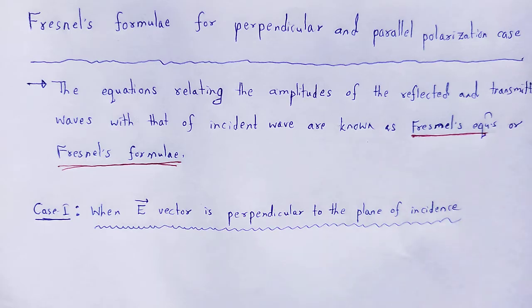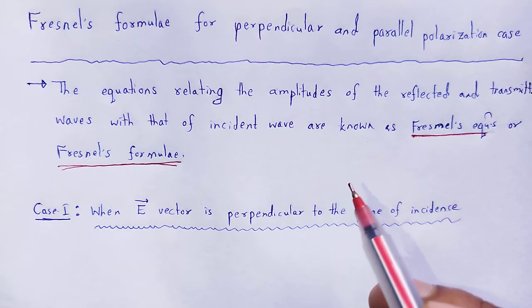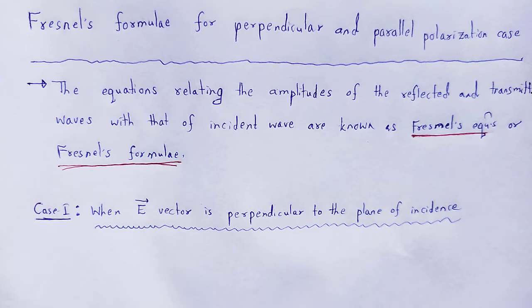In these two cases, we derive two equations. These two equations are nothing but Fresnel's equations or Fresnel's formulae. Case number 1: when the E vector is perpendicular to the plane of incidence.